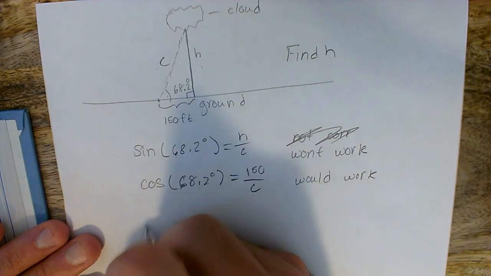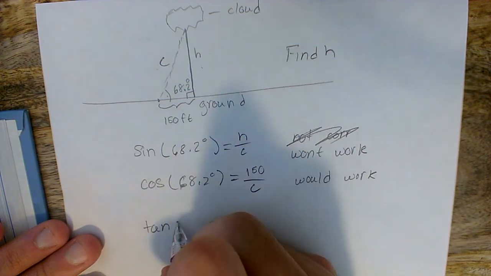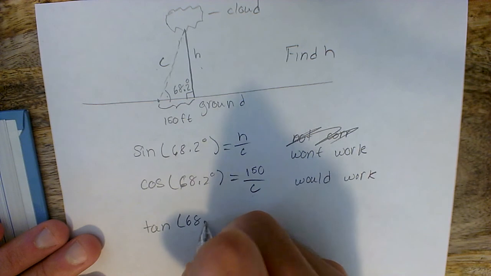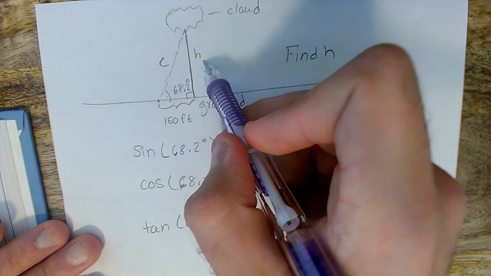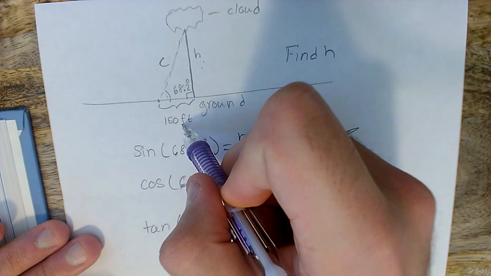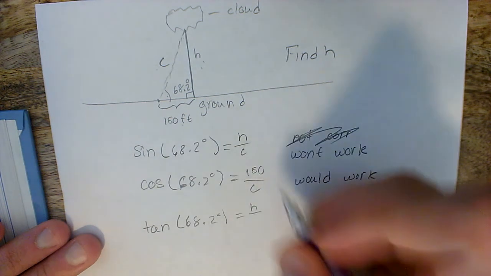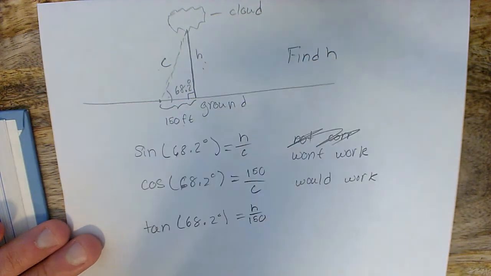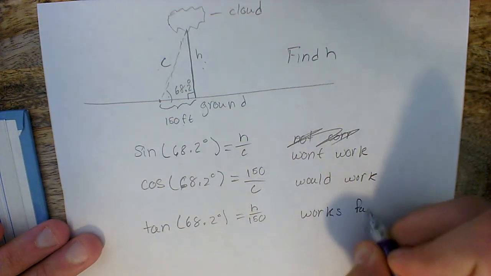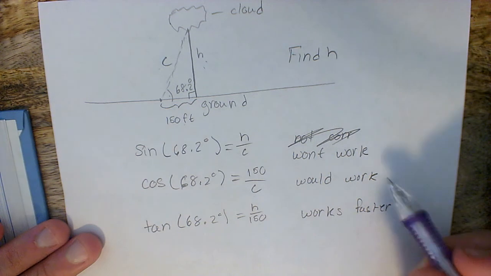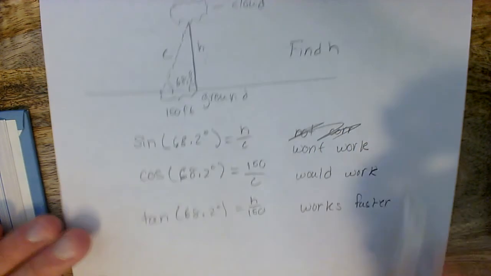But if you wanted to solve for h in one calculation, the tangent is the best way to go, because tangent involves your unknown side that you want to find and the side that you know. So it's h, the opposite, over the adjacent. This works faster, but both methods will give you the correct answer.